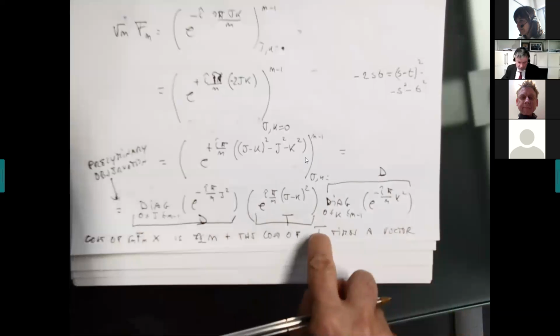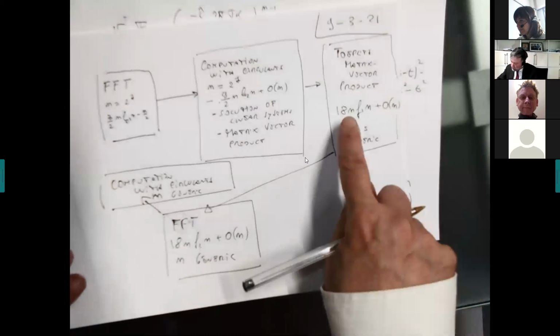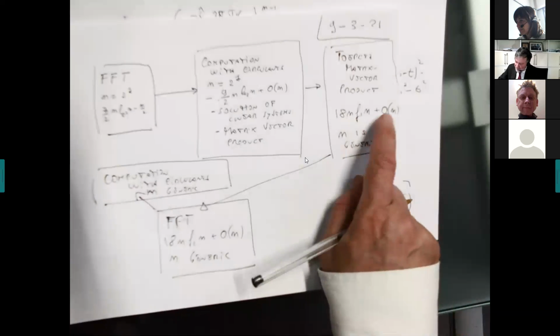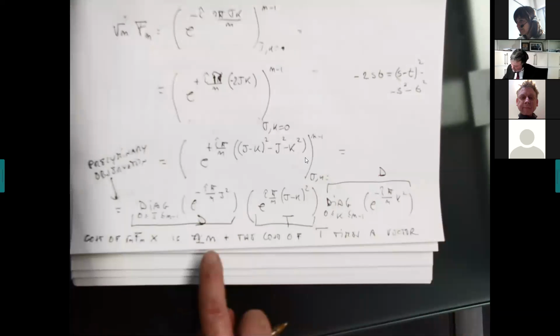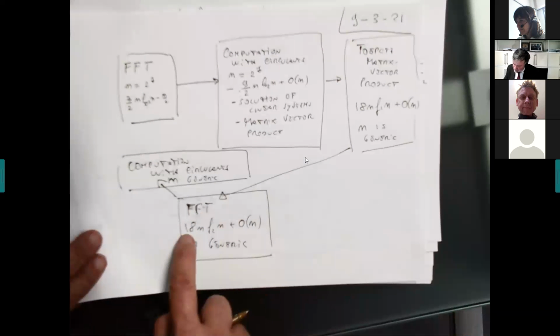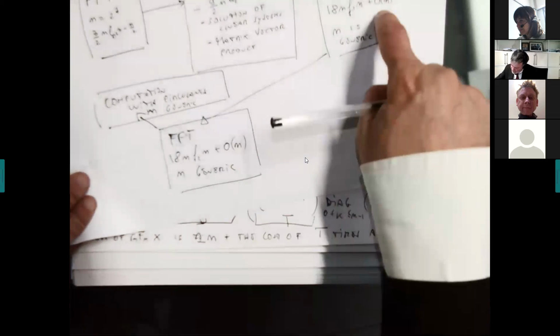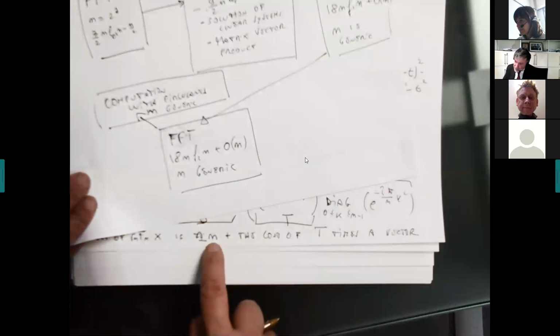And this cost, as we have seen here, was 18 n log n plus O(n). But here you add only 2n, so the generic FFT is 18 n log 2n plus still O(n), because it was O(n) plus 2n.